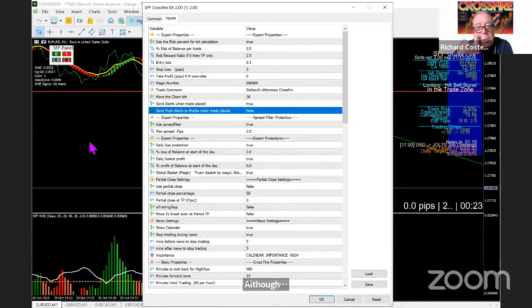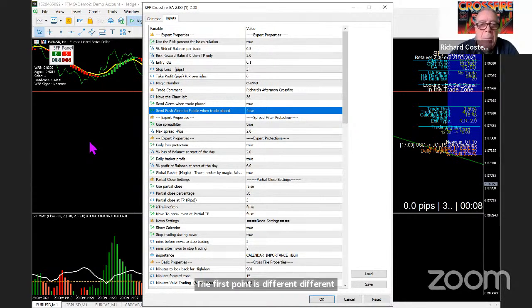We noticed this morning, for instance, that the New Zealand dollar pairs were 3.5 pips. And so the first point is that different pairs have got different spreads, but the other point is that pairs have a different spread at different times of day.